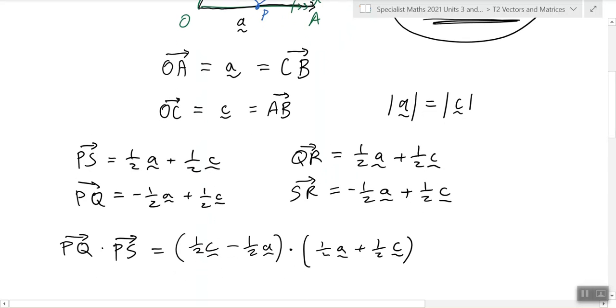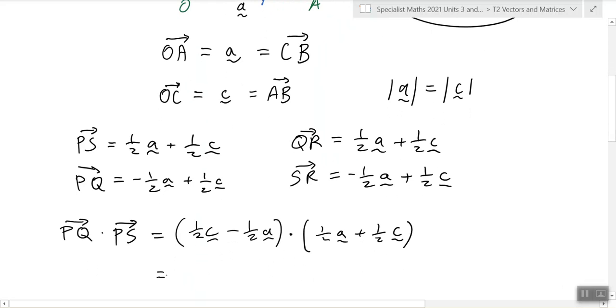Okay, I'm going to now expand this. Half C dot with half A becomes a quarter C dot A. Next one, half C dot a half C. Now what did I say happens when you dot product the same vector?